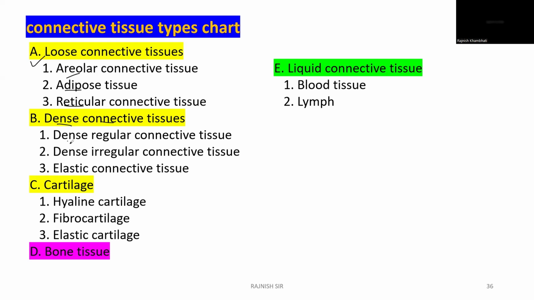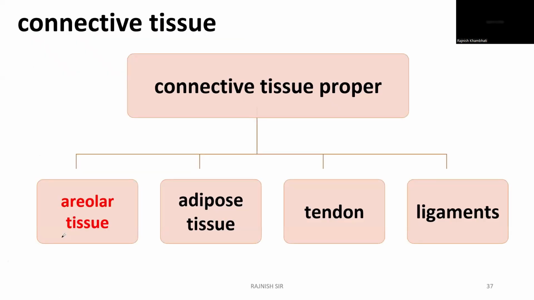Examples are dense regular, dense irregular, and elastic connective tissue. Then cartilage is of three types: hyaline cartilage, fibrocartilage, elastic cartilage. Then we will be learning the bone tissue and liquid connective tissue like blood and lymph. We will not be learning the lymph right now. So let's jump on to the next slide.